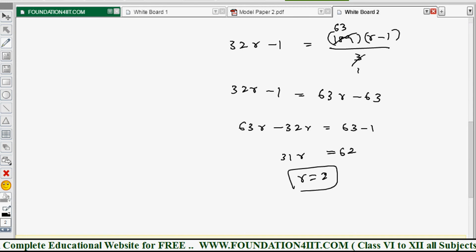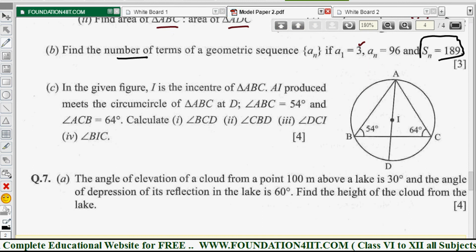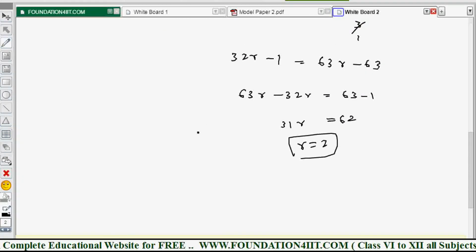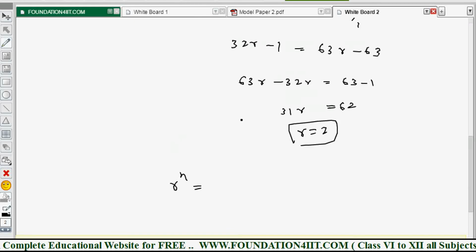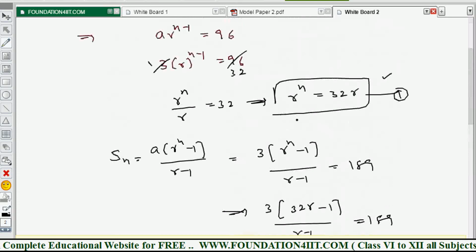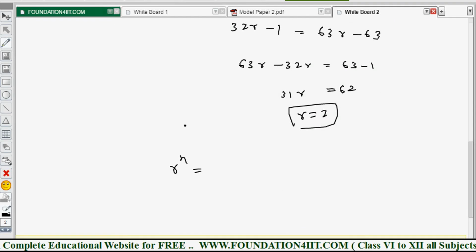Once you get the common ratio, we can find out the next value. Okay, what do you need to find out first? The number of terms, the n value. R value we got is 2. Then R to the power n, if you see from the start, from equation 1, R to the power n is equal to 32R.